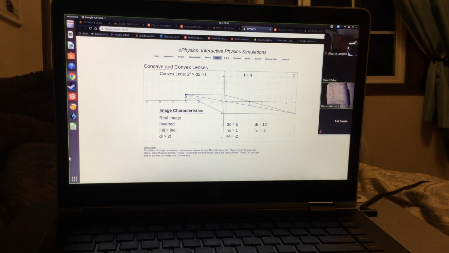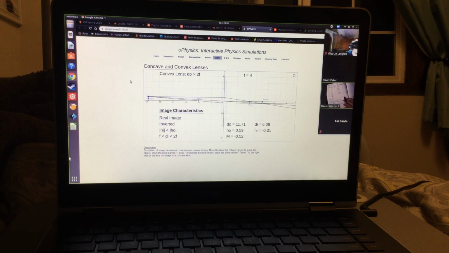I read it the same way you did. If the object distance is huge, then the image distance is huge. Oh man, where's my math? If the object distance is huge, then the image distance is tiny. Tiny. It approaches 0.